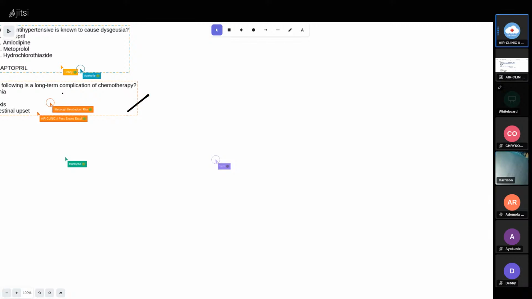Which of the following is a long-term complication of chemotherapy? Option A, neutropenia. Option B, infertility. Option C, anaphylaxis. Option D, gastrointestinal upset. Long term.